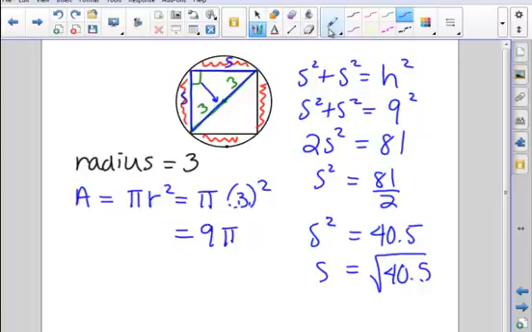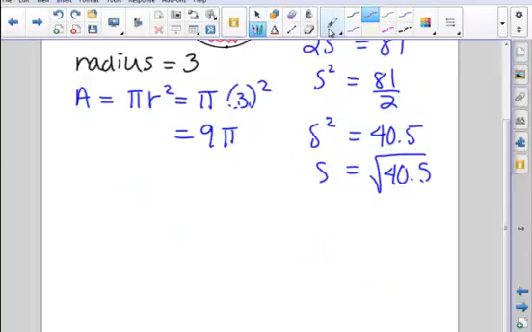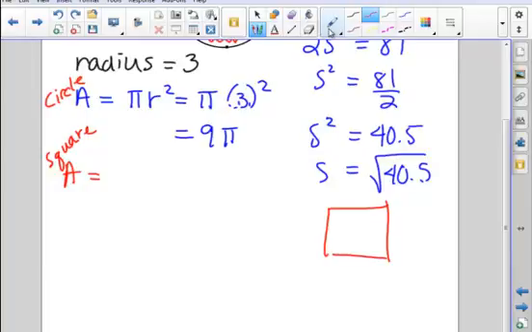So what I have now is that was the area of the circle, right? And what I have now is the area of the square. This is the circle. This is the square. So now I know the area of the square. What's the area of the square? You know s, which is your side. So you know this is the square root of 40.5, and this is the square root of 40.5.